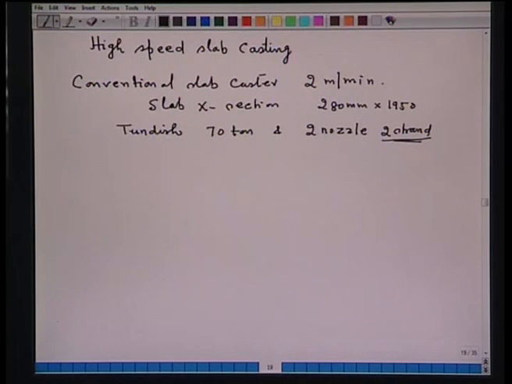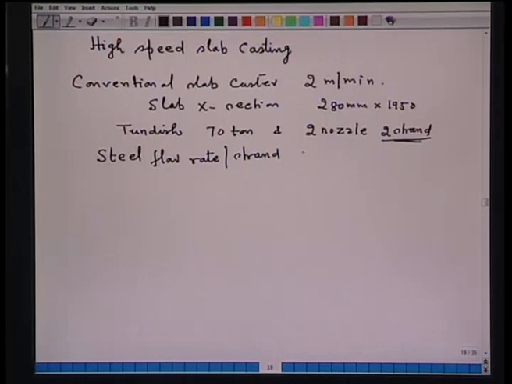So, if I calculate now the steel flow rate per strand, very simple. I have to find out the volume, multiply by the density. I take density as 7 gram per centimeter cube or 7,000 kilogram per meter cube.